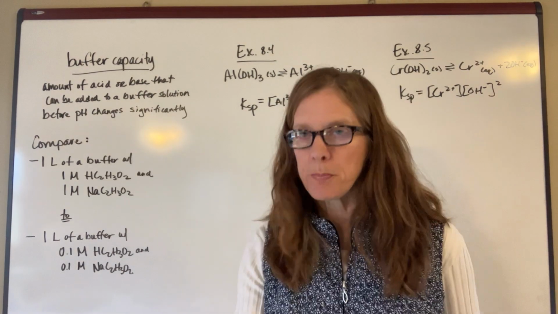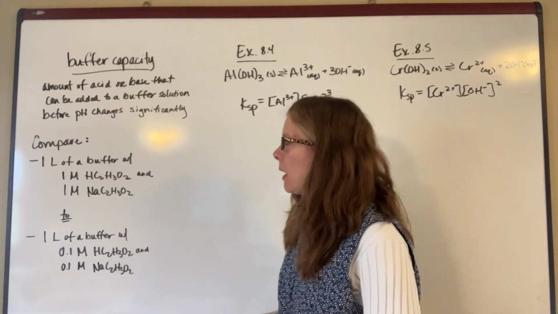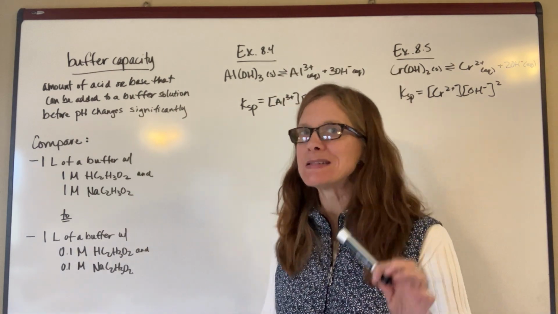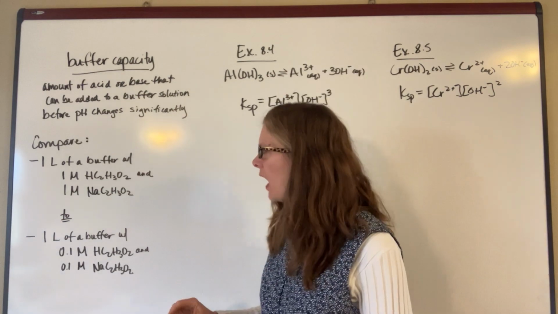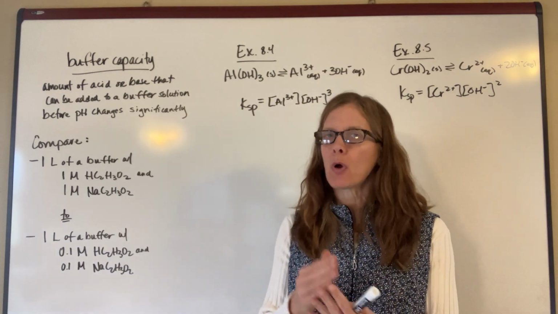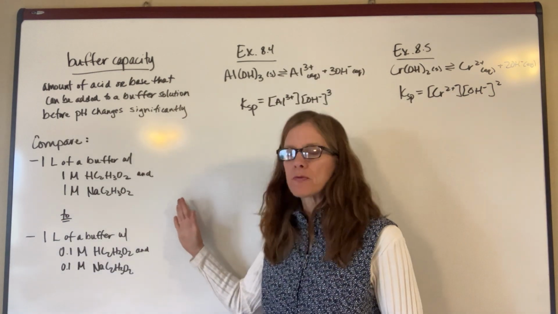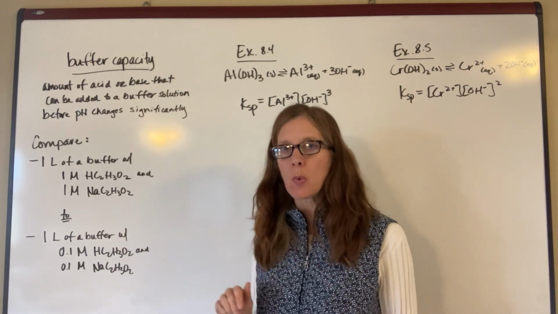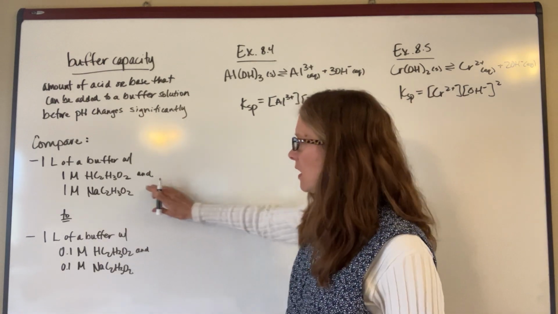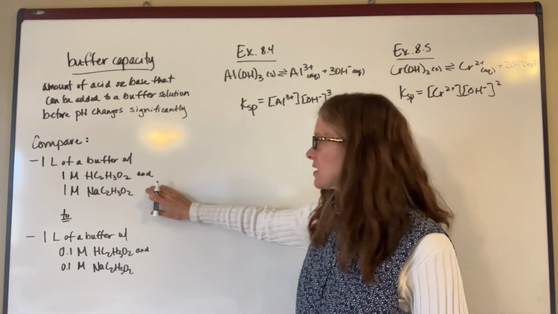Okay? So the pH is the same, but the buffering capacity is not the same. Because if I calculate the number of moles of acid and the number of moles of conjugate base, which one has more? Right, this one does because the concentration is higher.